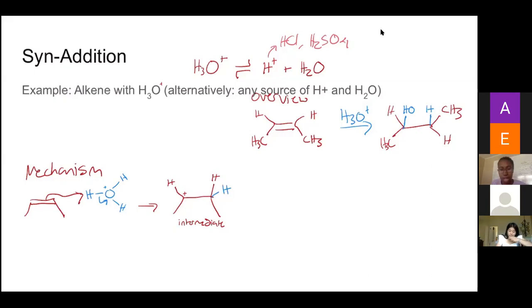So our carbocation is going to be attacked by an incoming water molecule, which we created earlier. And it's going to go ahead and create another, not quite another intermediate, but we're still not at our product yet.